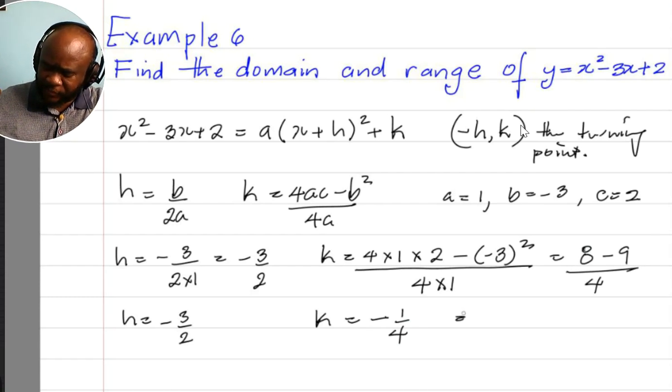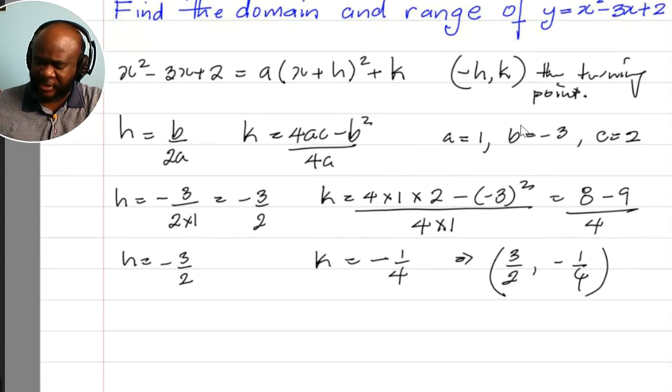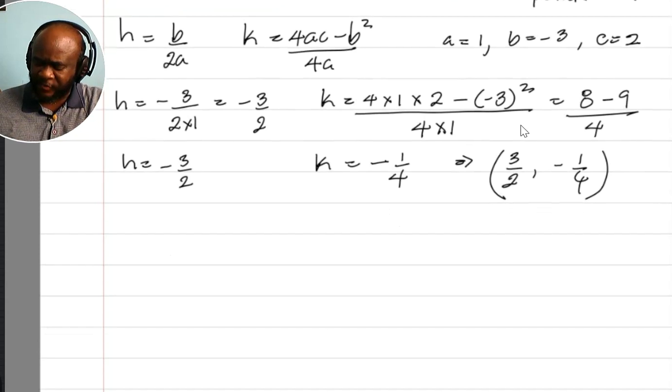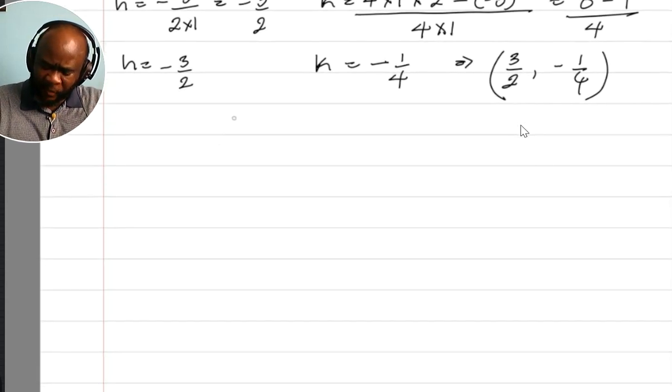Therefore, 3 over 2 comma minus a quarter is my minimum turning point. So let's try and do a sketch of this relation. If I do a sketch, I have my y-axis.